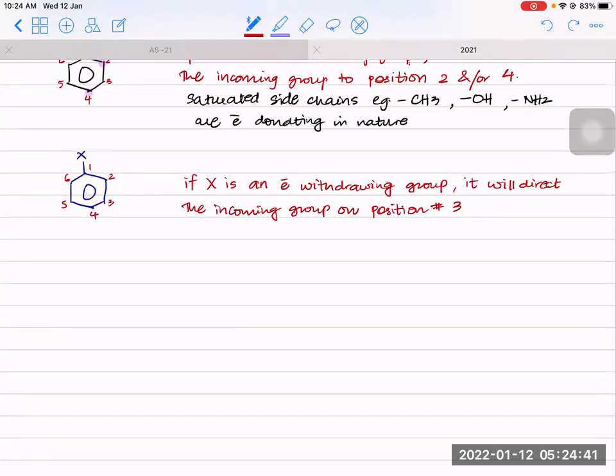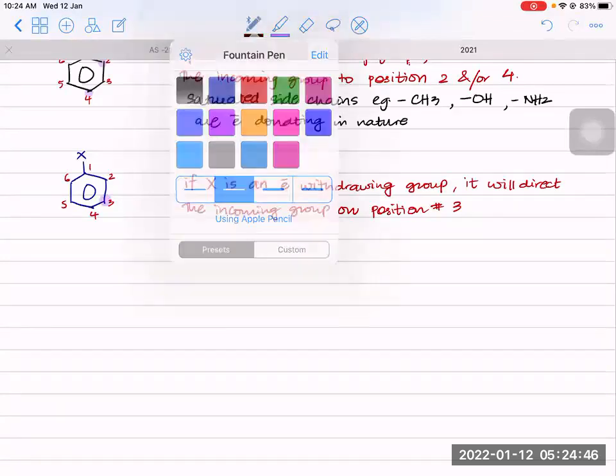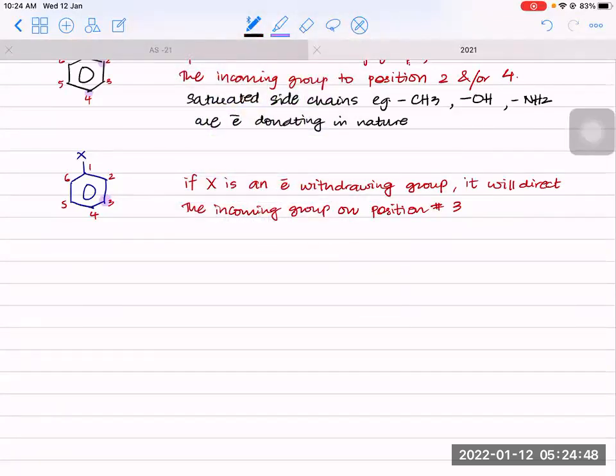Now, how will you know which ones are electron withdrawing? If you have unsaturated side chains, unsaturated means you must have a double bond somewhere. So if you have unsaturated side chains, for example, CO2H, for example, nitro group, for example, CHO, that is an aldehyde.